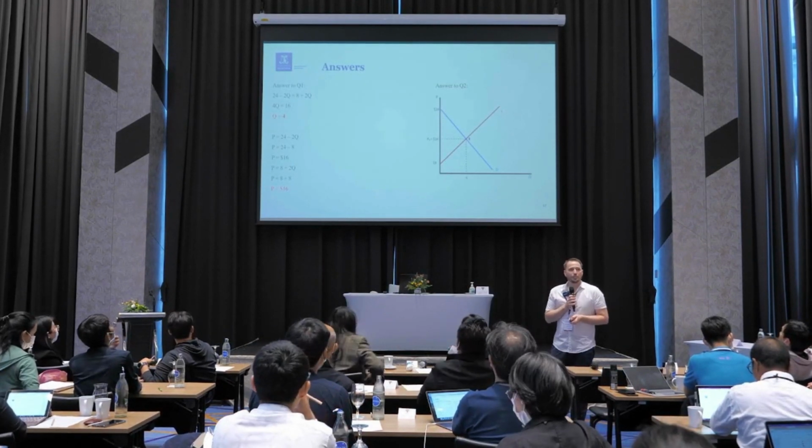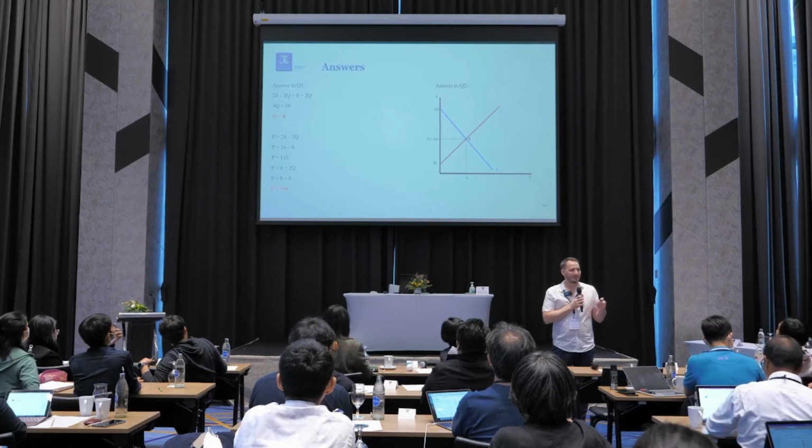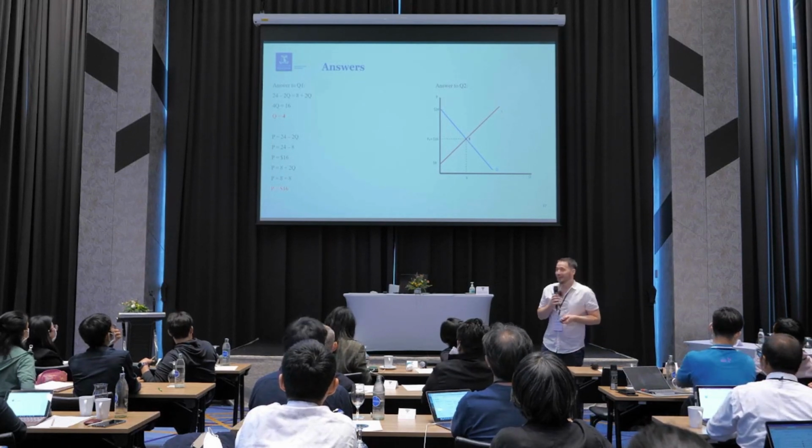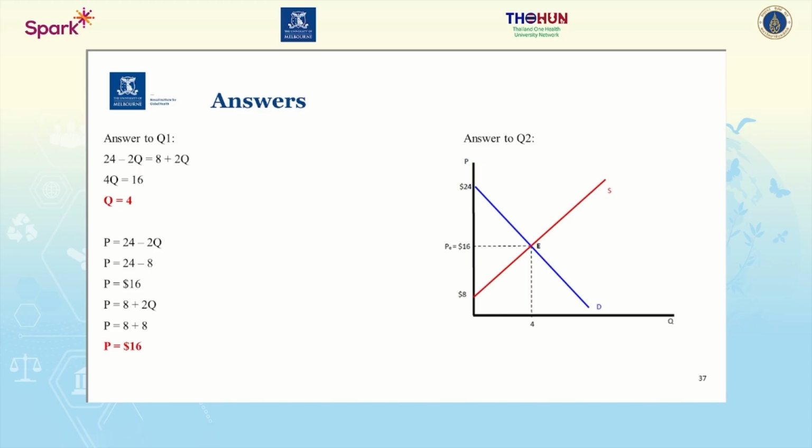I realize that the presentation's already with many of you, so you probably know this already. But yeah, so this is what we should get, right? Like I said, it's easier to solve for quantity because we had P equals in here already. We have P equals for the supply and the demand.